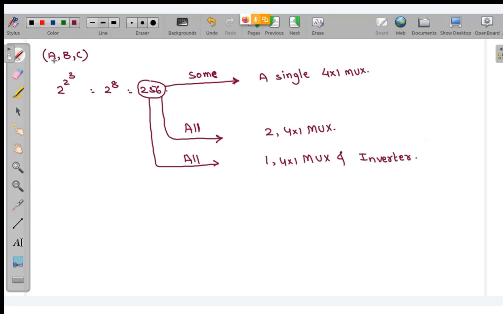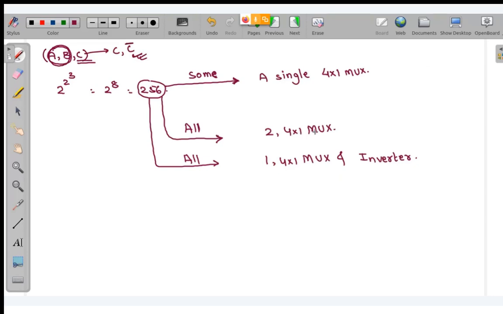Because, as you saw just now, out of these three variables, any function of AB can be constructed using a single 4x1 mux. But for this C, I will have two more inputs, one will be C, one will be C complement.